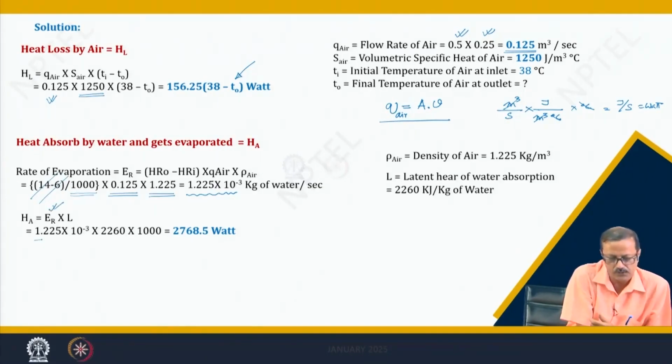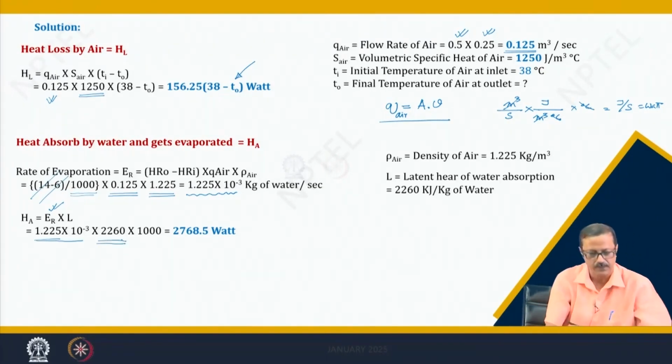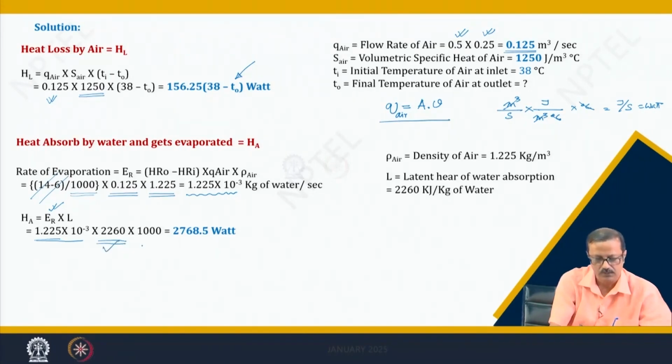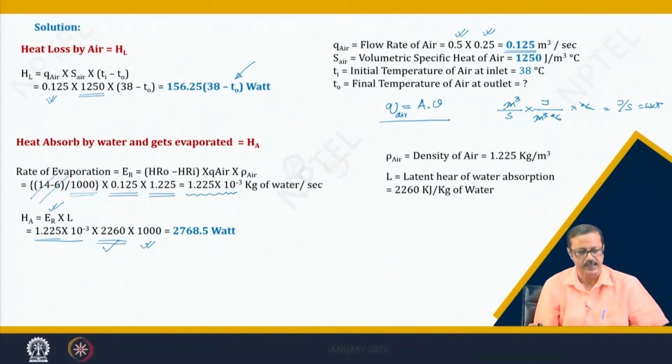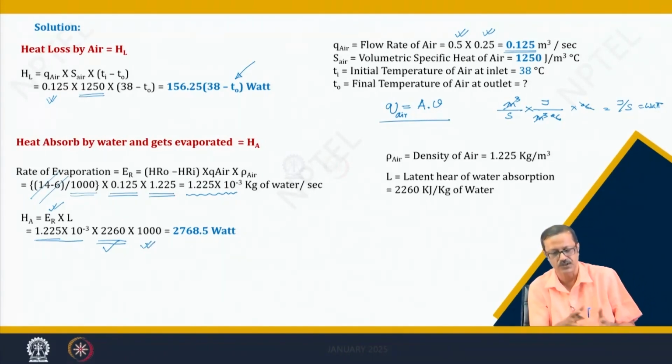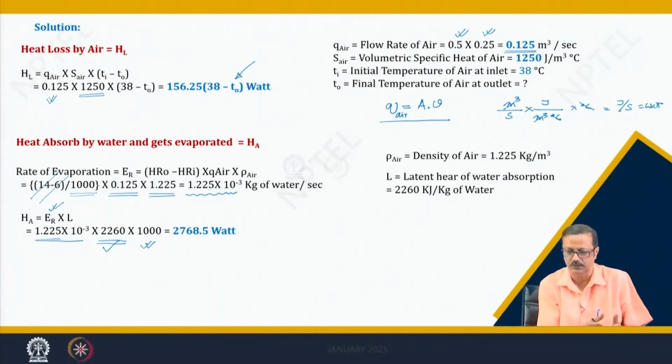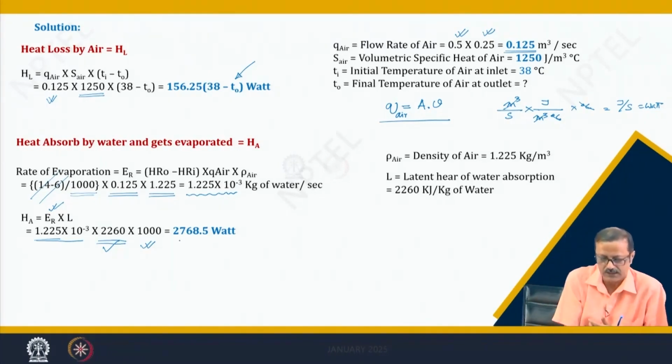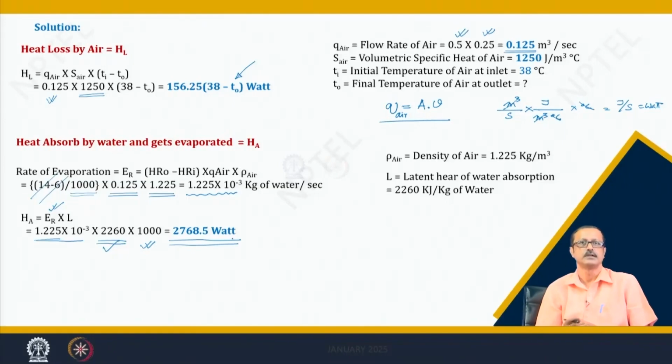So, 1.225 into 10 to the power minus 3 multiplied by 2260, the latent heat, and the 1000 is for converting kilojoule to joule, so that is the total amount of heat absorbed by the air by virtue of the evaporative cooling.